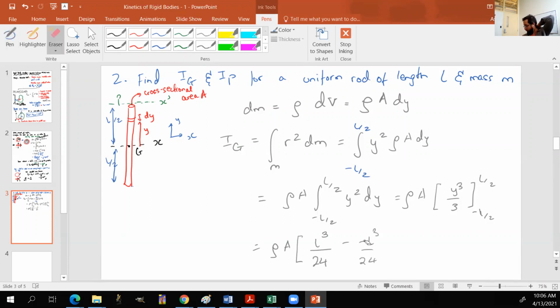So it just becomes plus L cubed over 24. You're left with rho A times L cubed over 12.